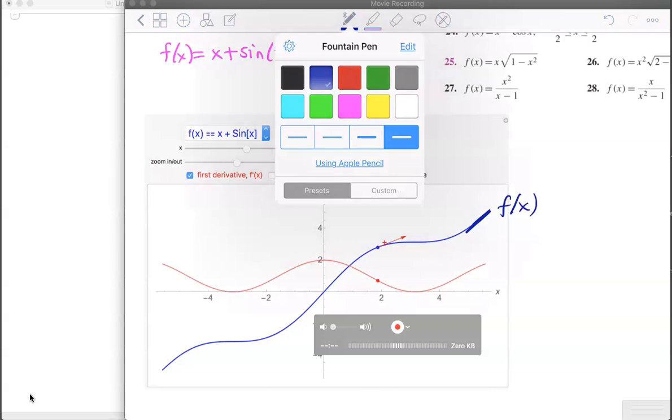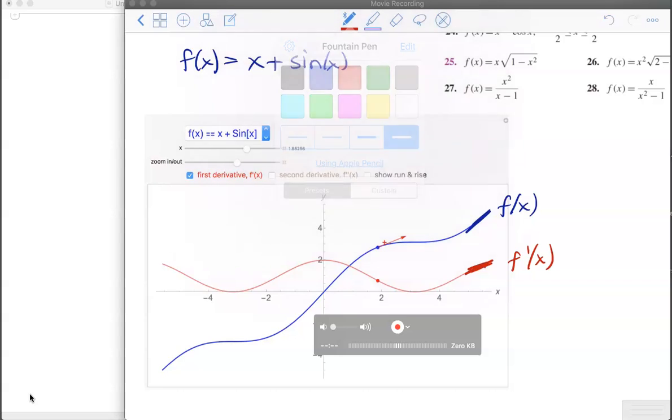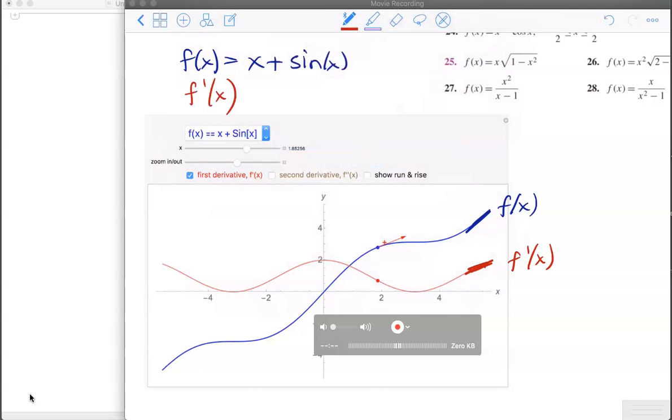We are also seeing in red the graph of the derivative. So we know that the derivative, let me recolor these appropriately, sorry about that. So f of x is equal to x plus sine of x. And we see the graph of the derivative down below, and we know that that derivative is 1 plus the derivative of sine, which is cosine.